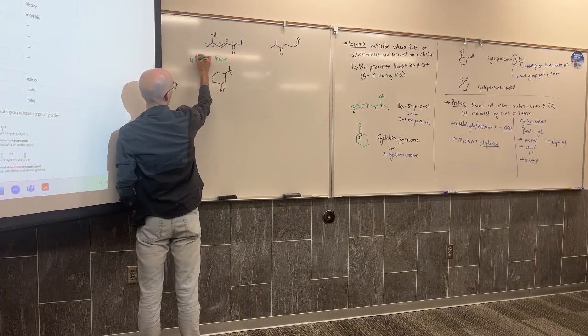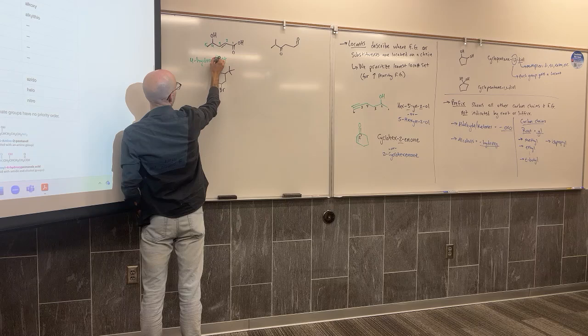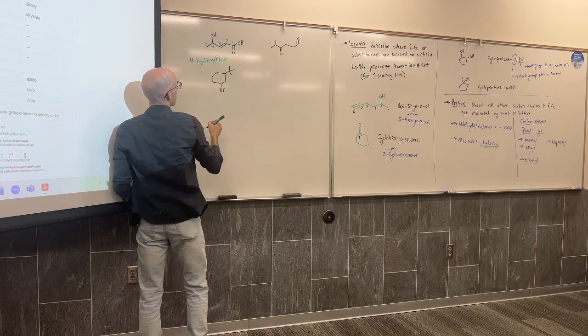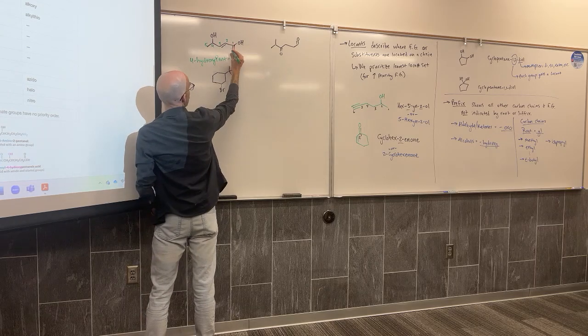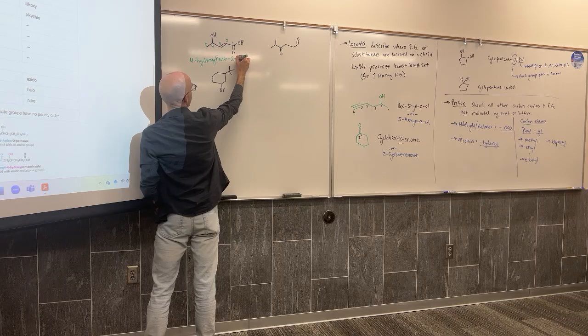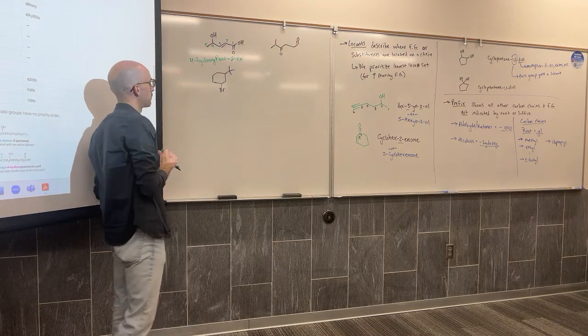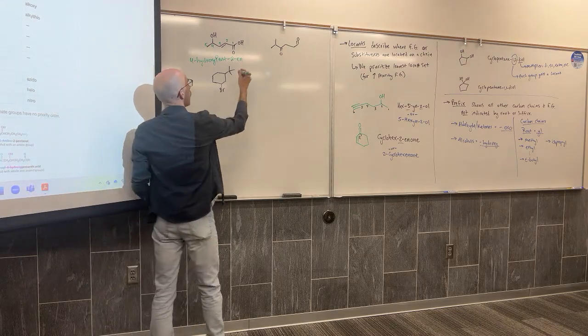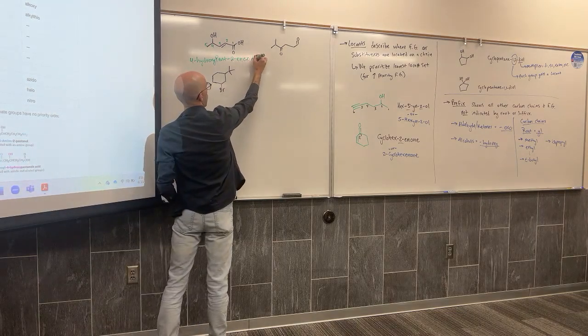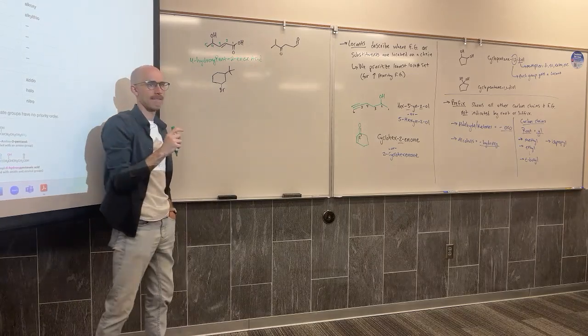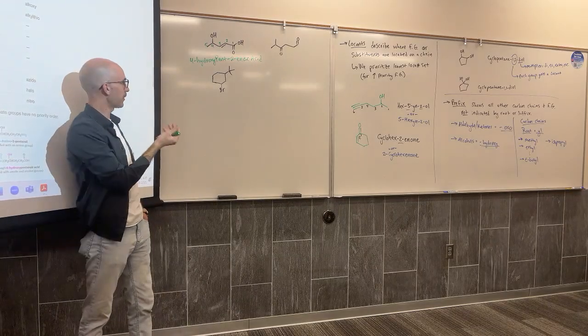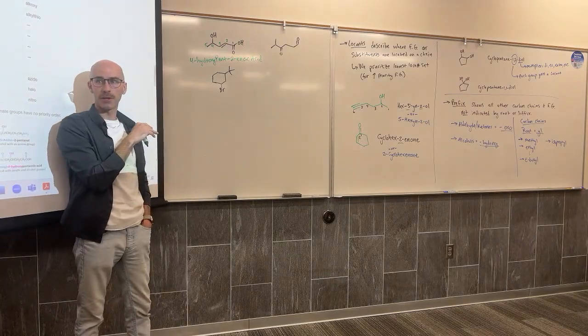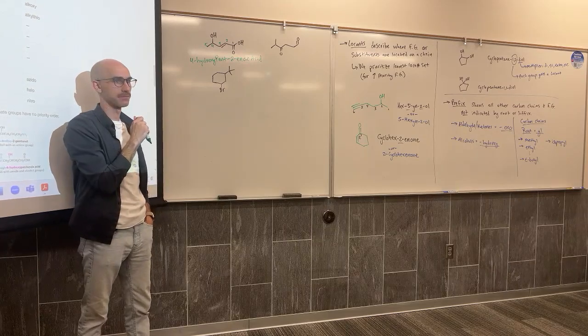That gives me 4-hydroxy pent. I have an alkene that starts at 2, so that's 4-hydroxy pent-2-enoic acid. Not a very big molecule, but its name can take up a lot of space, can't it?